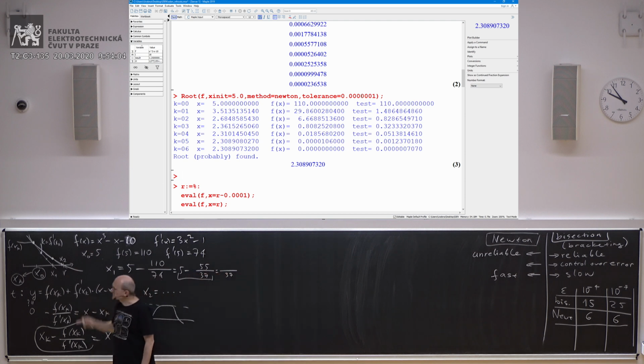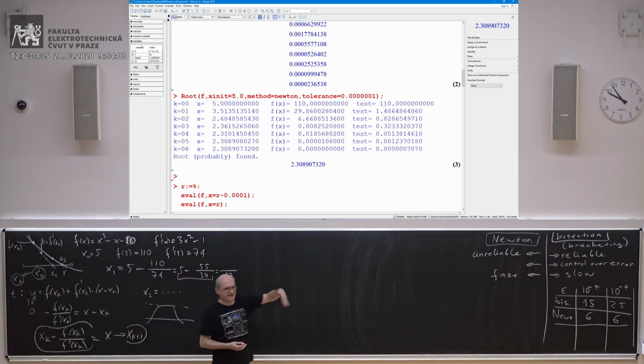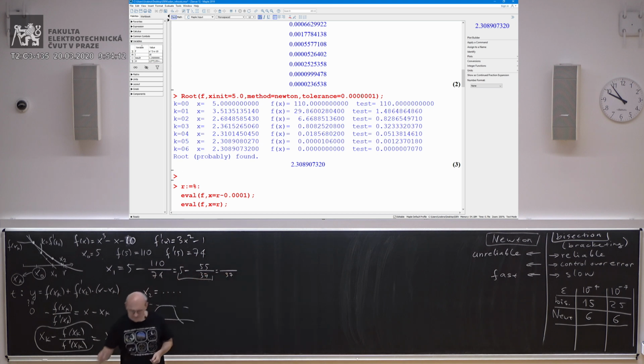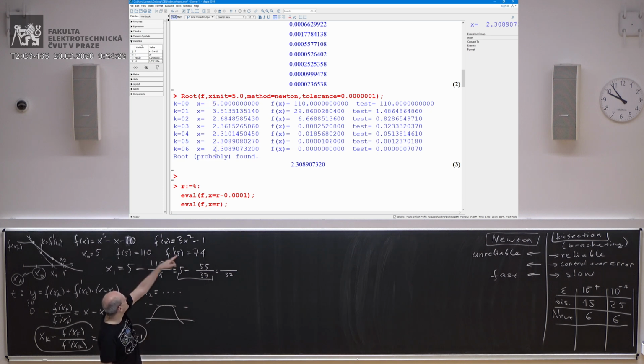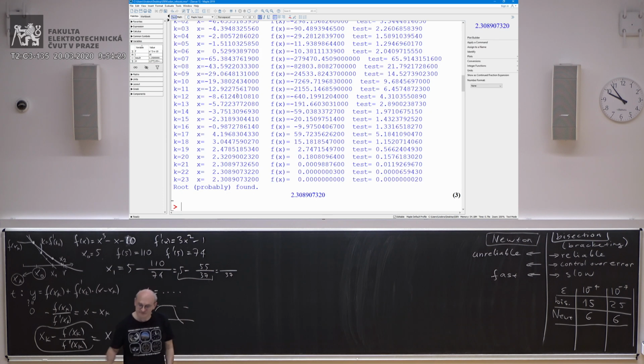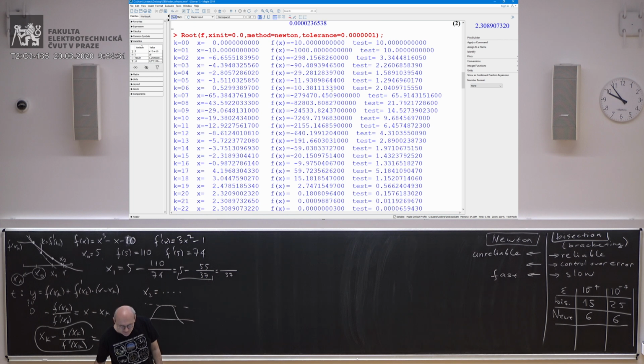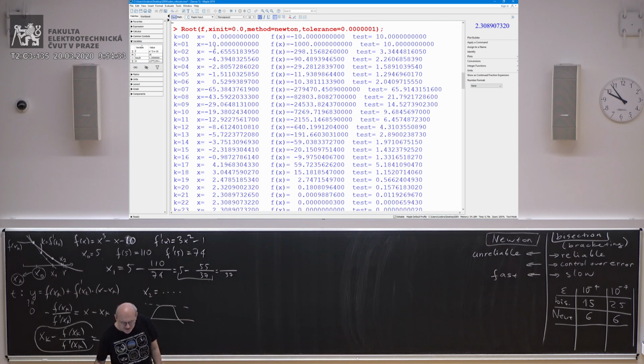But there is something else. First of all, the Newton method, as it goes by the tangent lines, jumping around the graph, it likes to wander. Let's start at 0. Now, perhaps first, let's have a look at this column with the axis. We started at 5, and we very steadily went all the way to 2.3 and so on. If I start at 0, that was unexpected, probably. Let's have a look at it. From 0, we go to -10.